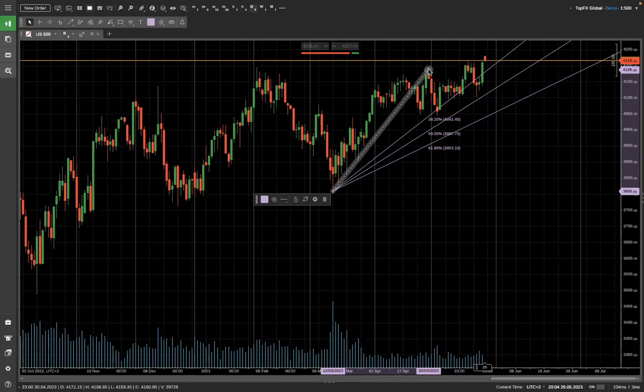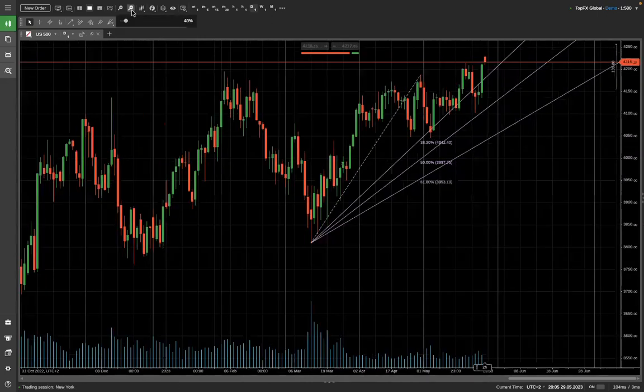Now, what I have are three lines, right? 38%, 50%, 61%, and corresponding levels for these lines. Let me zoom in. I got 4,042, 3,997, 3,953 on the S&P 500 CFD market.